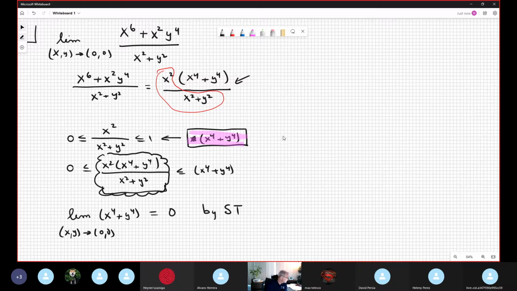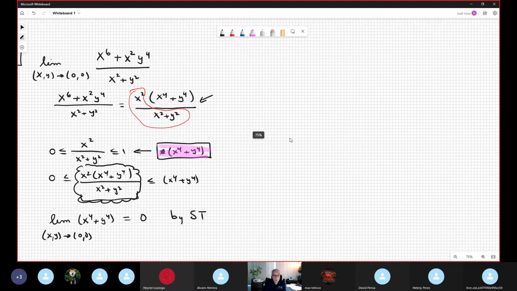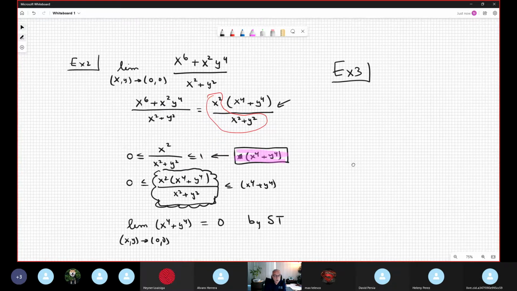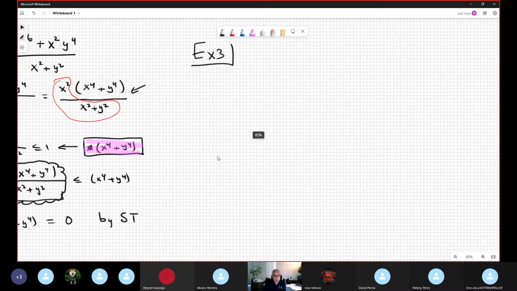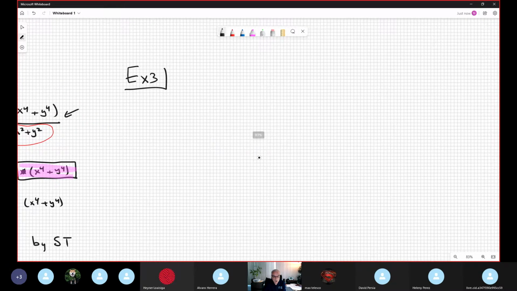Okay. One more of the squeezy, a little bit more sophisticated. Example 3. Suppose this limit, when x, y approaches 2, negative 3.